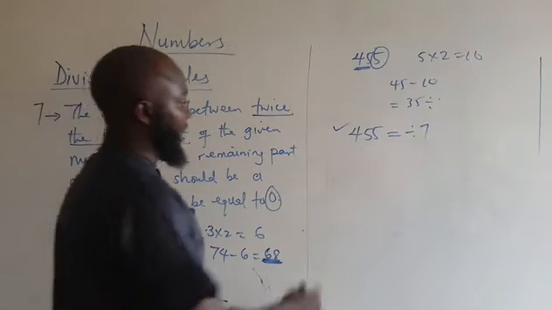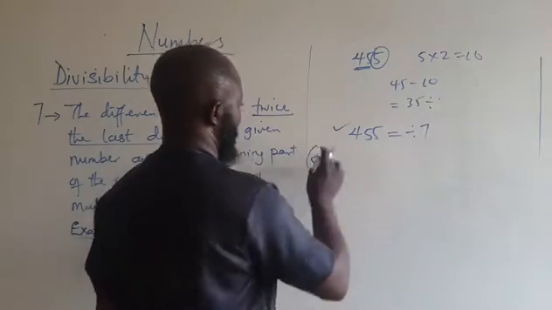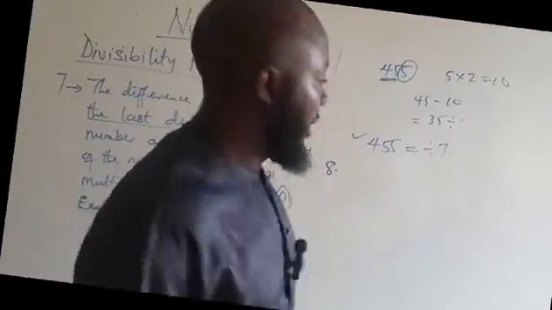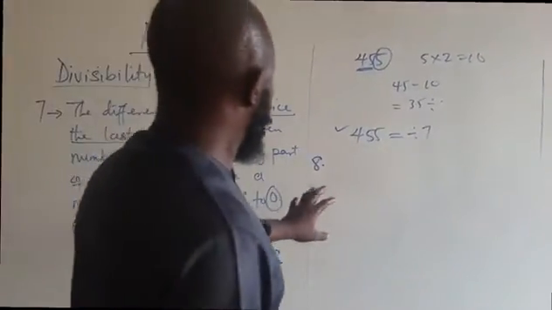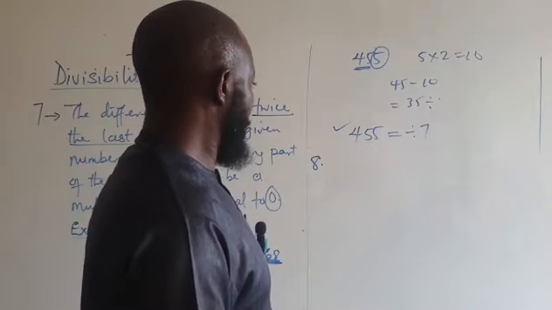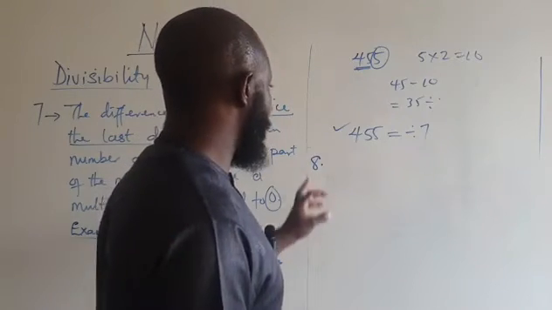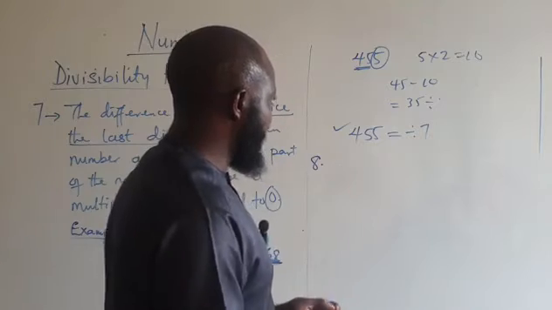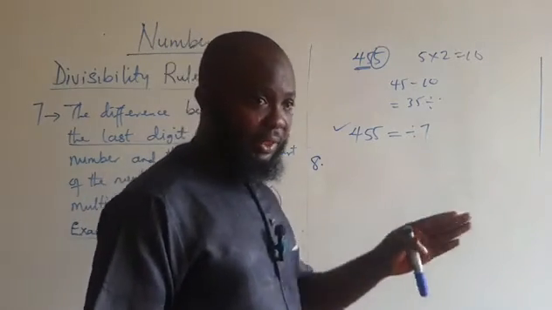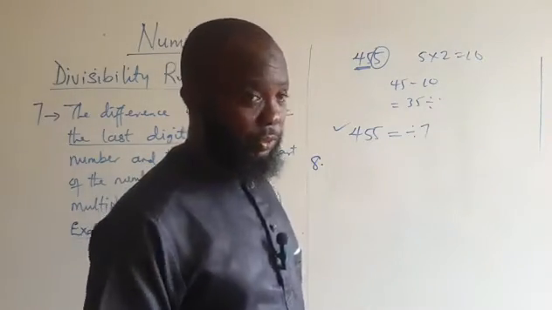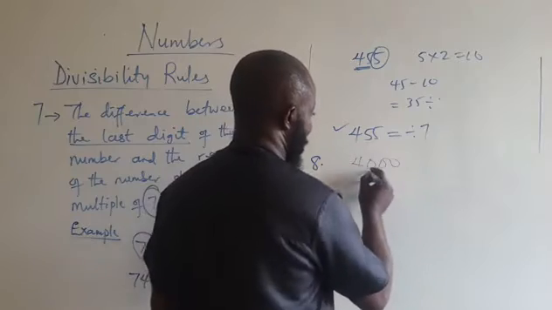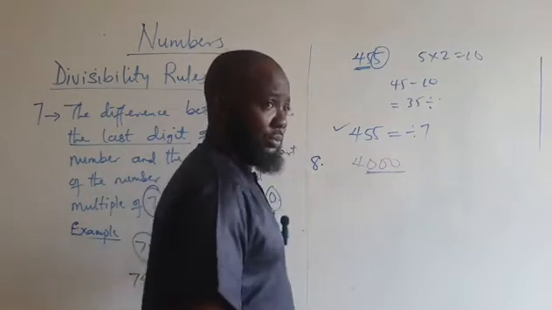Good. So let's look at the rule of 8. The rule of 8 is the next. This one is for when you have a large number, right? So we look at this. Number 1 is this: if the last 3 digits of such a number are 0, for example 44,000, the last 3 digits here are what? 0, right?